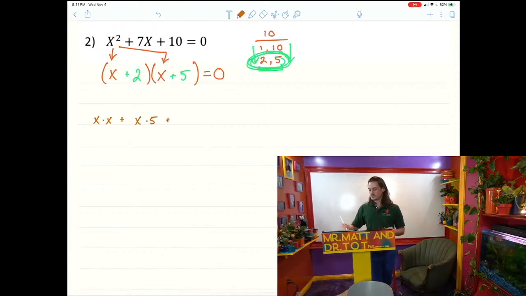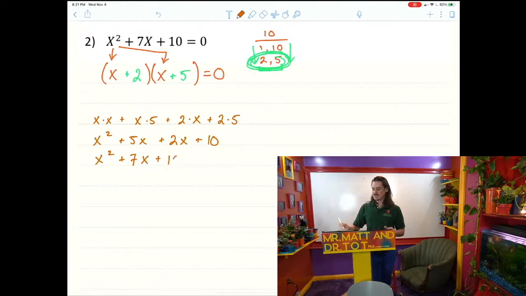Inner times inner would be 2 times x. And last times last would be 2 times 5. That would give us x squared plus 5x plus 2x plus 10, which simplifies into x squared plus 7x plus 10. Notice that that is what we started with, so we know that we factored here correctly.